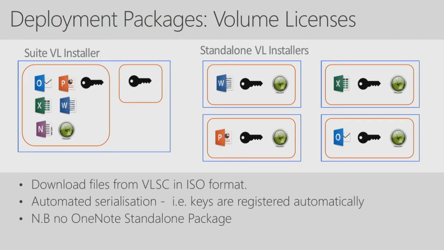And this is done through automated serialization, where we effectively tie the key to the unique identifier on the hard drive in order to serialize that particular Mac against your license agreement. This is done automatically, and as you can see here, OneNote has disappeared from this side, apart from being part of the Suite installer package. So if you want to use OneNote, you've really got no choice in terms of that.